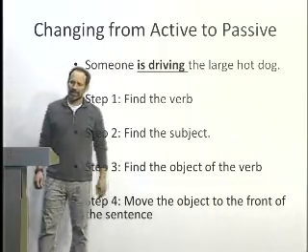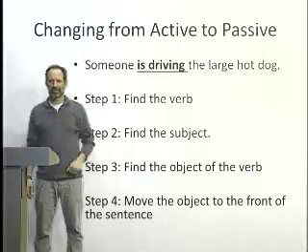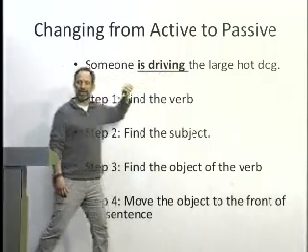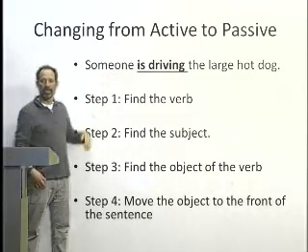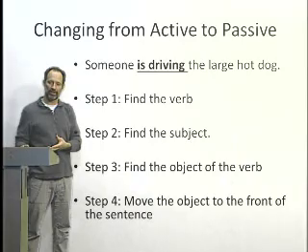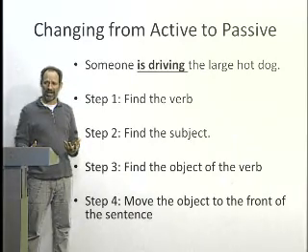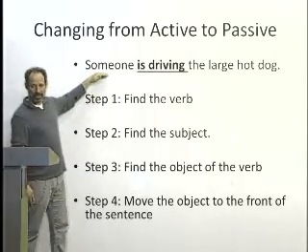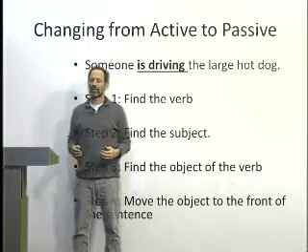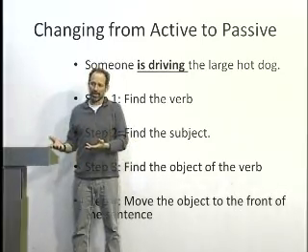Now we're ready for step four. Okay? So we found the verb. We found the subject, step two, by asking who or what did the action of the verb. Step three, we find the object. We say the subject, someone, is driving. Then we ask the question, who or what?